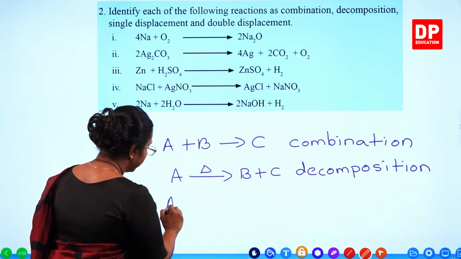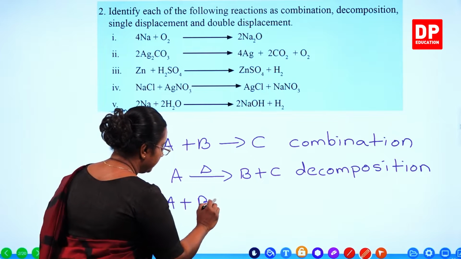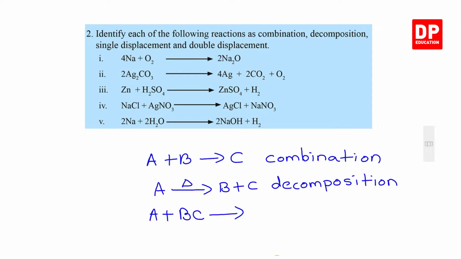If you have A plus BC, where it becomes AC, evolving or displacing B, then this is a single displacement.